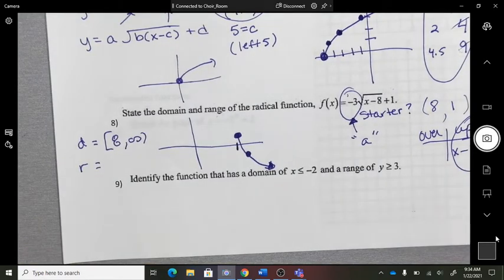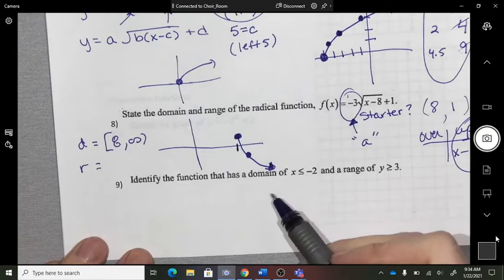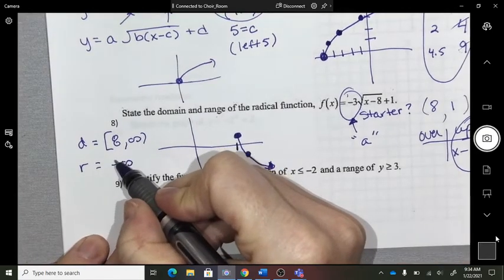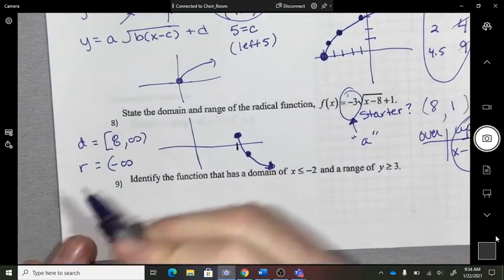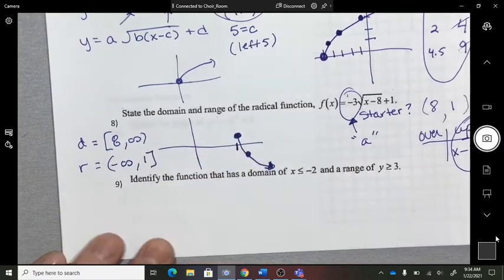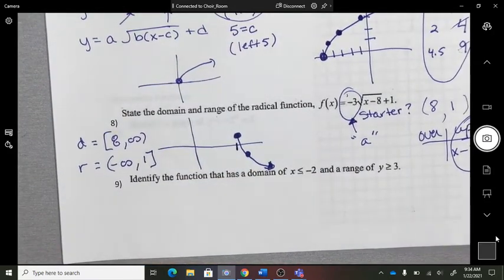And how do you write the range? What's the lowest to the highest? So negative infinity all the way up to 1. So on exams, you would get a half deduction if you didn't write them in that proper order, right? Down to up.